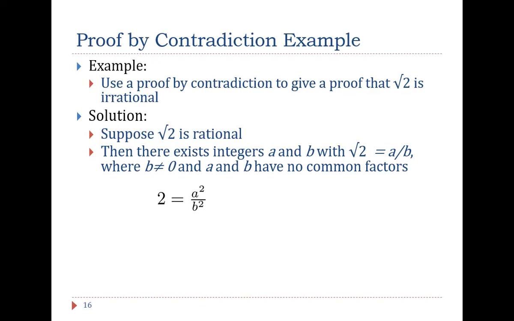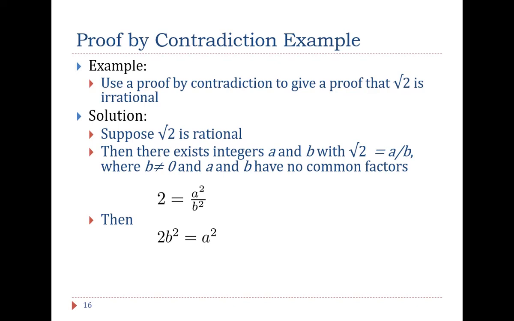This makes a squared equal to 2b squared. And this means that a squared is even in this case. We will reach this final conclusion. But at least we are sure now that a squared is even. We have just proved that when a squared is even, necessarily a itself is even.